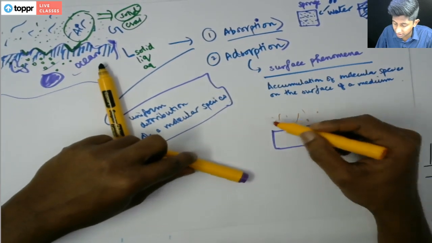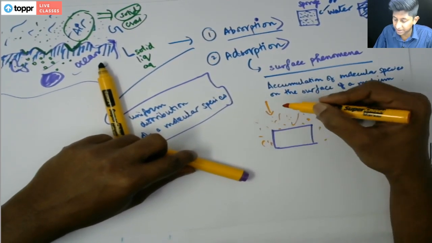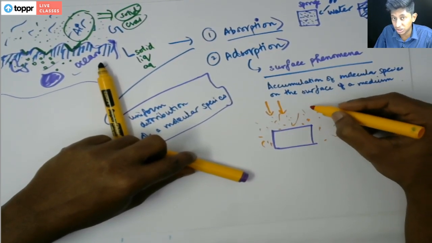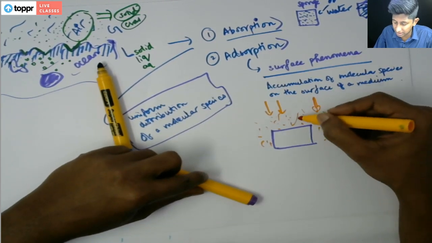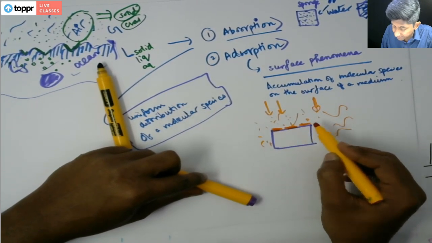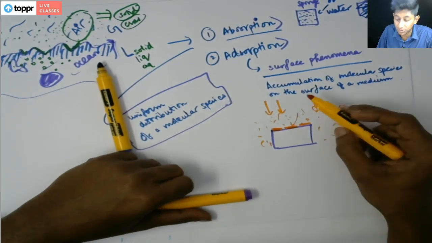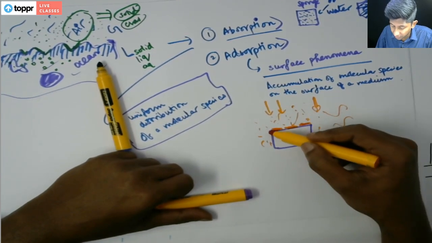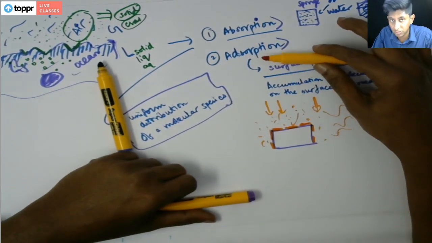But due to atmospheric pressure or winds, temperature changes, this gas gets concentrated at certain portions of the metal. So as you can see, this is the accumulation that I'm talking about. Accumulation of molecular species like air particles, which happens at different parts of the metal. So this is adsorption.